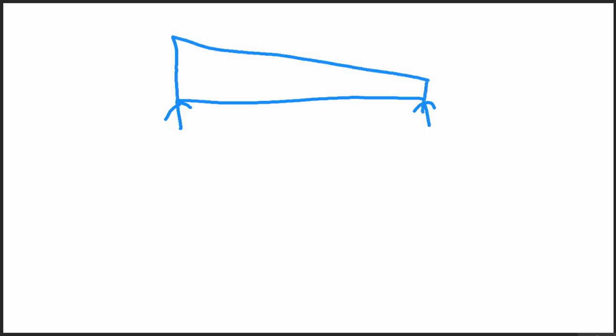Okay, so if we go to the diagrams of this particular exercise, you have a reaction force here, a reaction force there. You have a uniformly distributed load going like this, and you need to be able to calculate shear forces and bending moments. So what is it like?